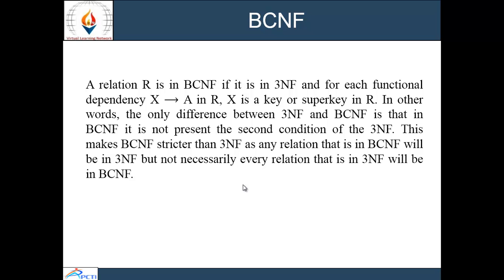But in the functional dependency, if B, C, D is functionally dependent on A, then A is a super key, and in the second one, if AD is dependent on BC, then BC is also a key, but if B is dependent on D, then D is not a key. Here you can break this relation into two relations, that is R1 and R2.